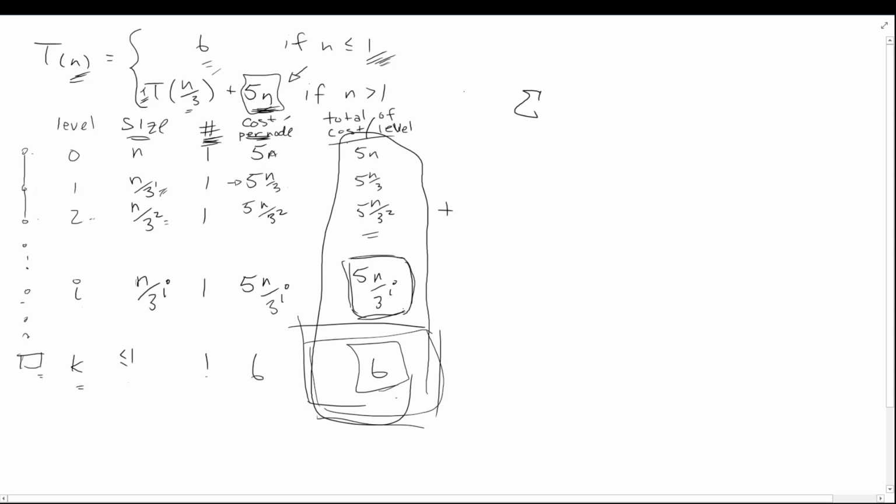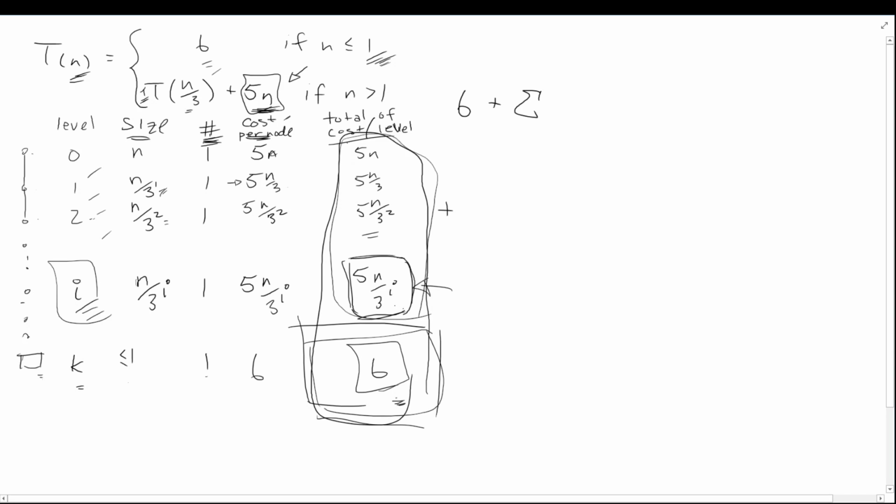Now I've got the sum here. I'm going to put the 6 in front to say that last call costs us 6, plus whatever the cost of the rest of these are. Now, the reason I squared this middle one here, this level I, is because it's written in terms of I, not a constant like up above.